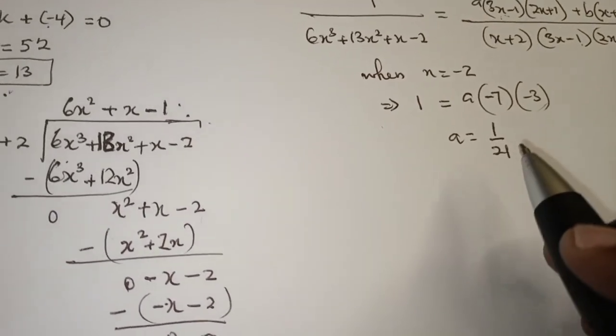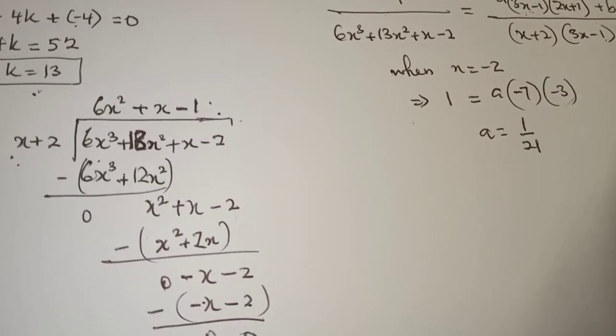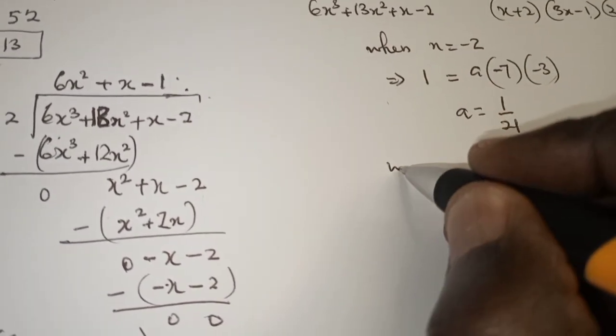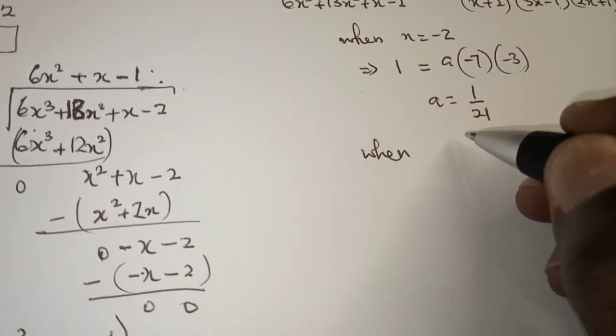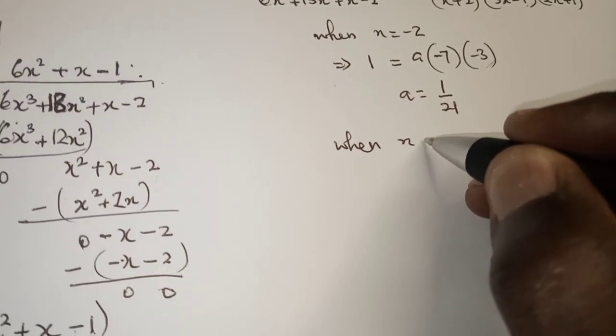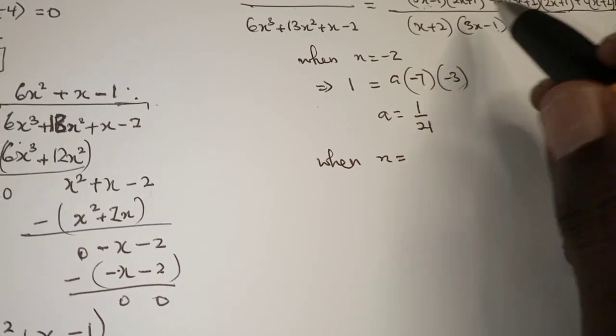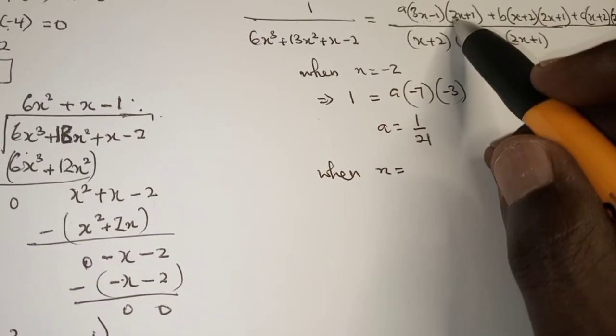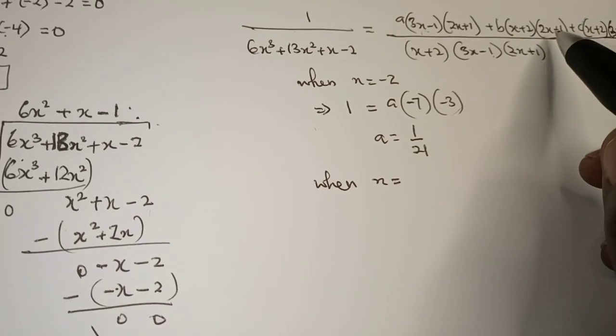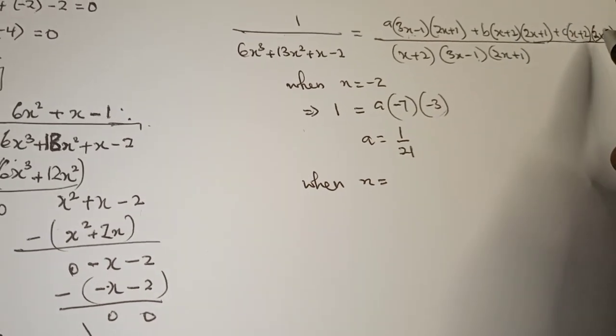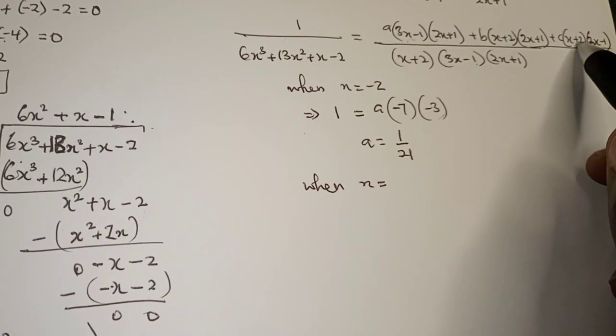Okay, so we do the same thing for when x equals 1/2. Let's use 1/2. This will go off, this will go off, we'll be left with 6c.